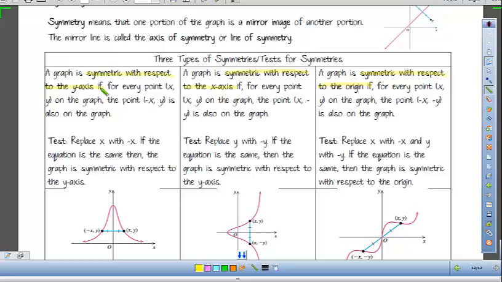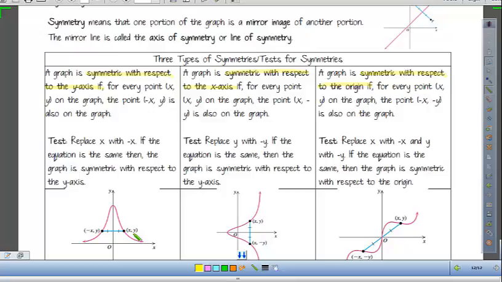So, these types of symmetry. When we talk about symmetric with respect to the y-axis, here's an illustration. If I were to fold this graph on the y-axis, we'd have mirror images. So in general, what does that mean for the coordinates? Notice here that minus x has a value of y and positive x has a value of y.